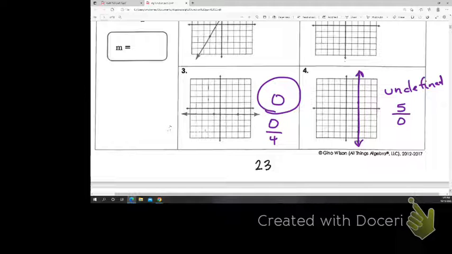If you tried on your calculator 5 divided by 0, it would tell you that there is an error. We cannot divide things into 0 parts. So, undefined. But you could just simply tell me undefined to start with if you see that it is straight up vertical.